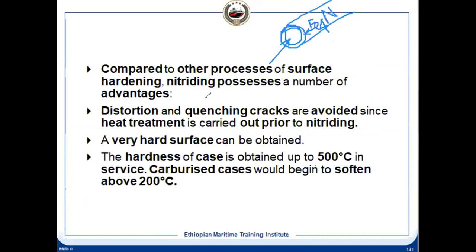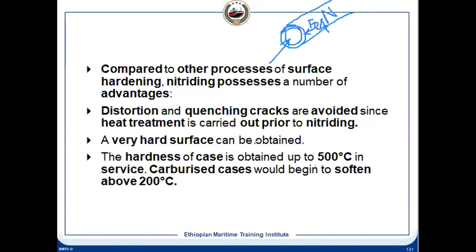And this surface hardening, nitriding, has advantages. That's why it is done widely. Distortion and quenching cracks are avoided. We don't have to do any quenching, because if you increase the temperature and move the part, there can be thermal stress and distortion. When you do quenching, suddenly reducing the temperature, a crack can develop, which nitriding does not have, because we maintain the same temperature and slowly increase to that temperature.